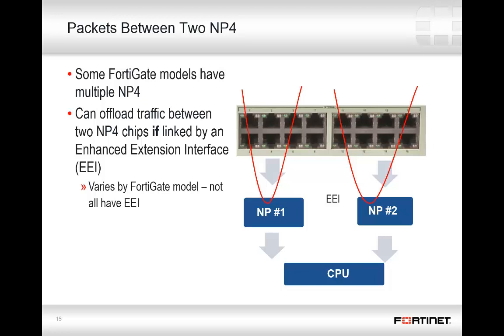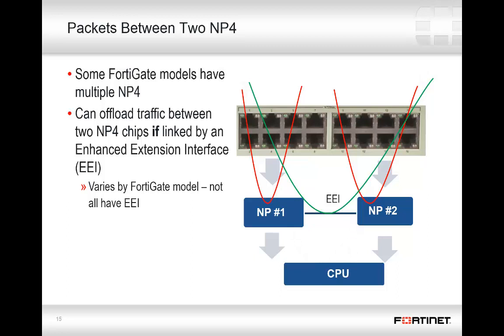It knows its own sessions, so it doesn't need to talk to the CPU kernel nor to another NP chip. But when traffic must be forwarded from port 1 to port 15, however, this involves two separate NP chips. So on some FortiGate models, this will be handled by the CPU. But on other models, it won't.